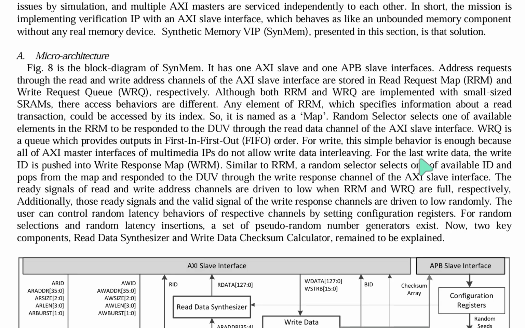For the last write data, the write ID is pushed into the write response map, WRM. Similar to RRM, a random selector selects one of the available IDs, pops it from the map, and responds to the DUV through the write response channel of the AXI slave interface.